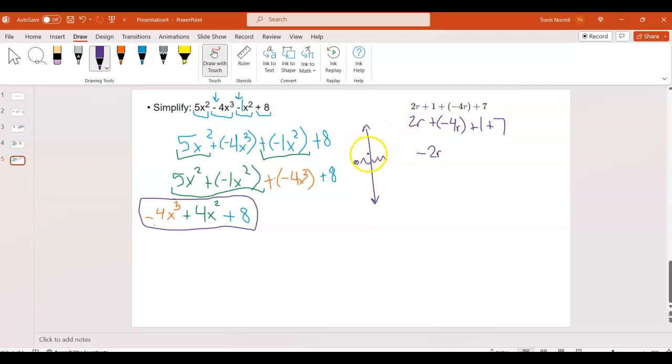If you're 2 feet above the water level and you go down 4 feet, 1, 2, 3, 4, notice that puts you 2 feet below the water level. So that puts you down here at negative 2. Positive 1 plus 7 should give you positive 8. And there's your final answer.